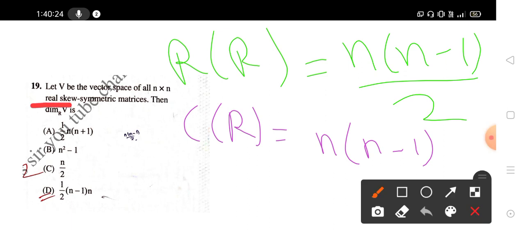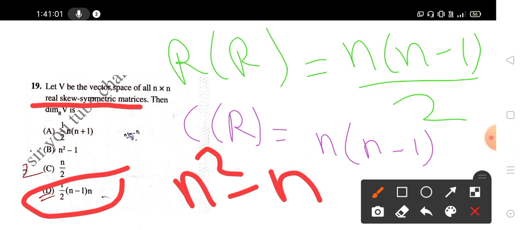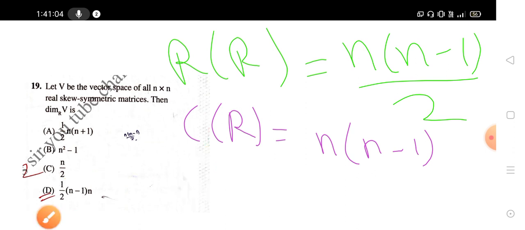Here given a real skew symmetric matrix, then dimension of V over R is n into n minus 1 upon 2, and over C the dimension is n square minus n. Here given R over R. Therefore answer D is correct. Next question.